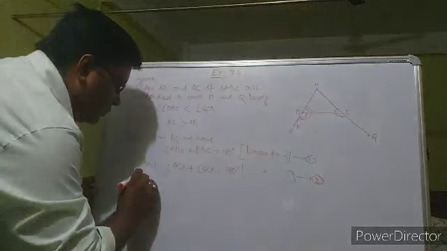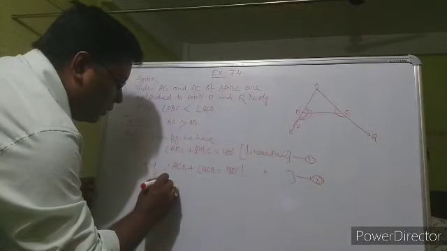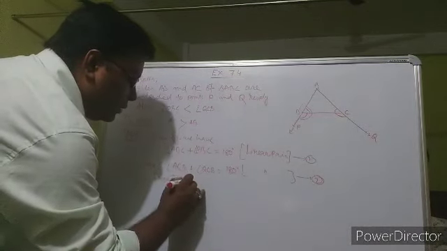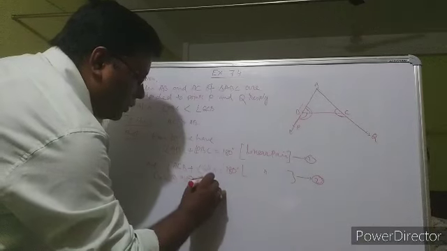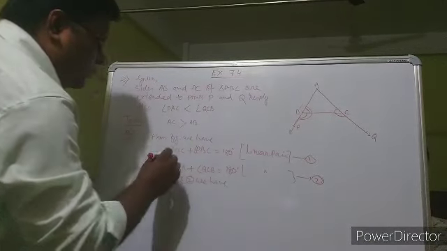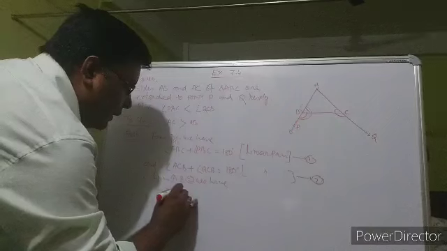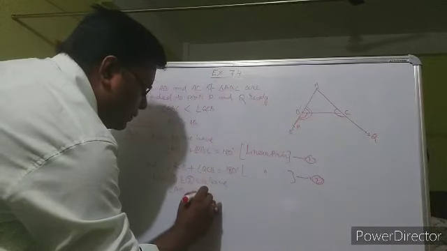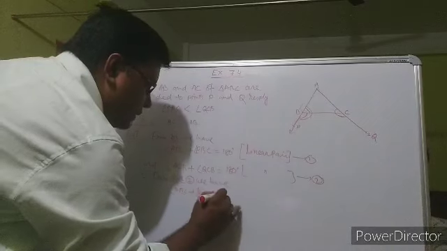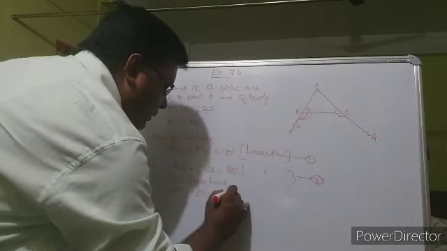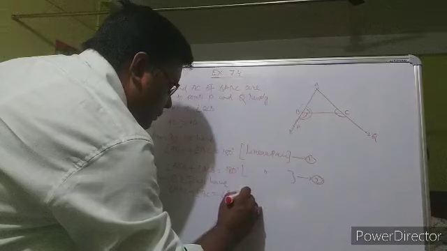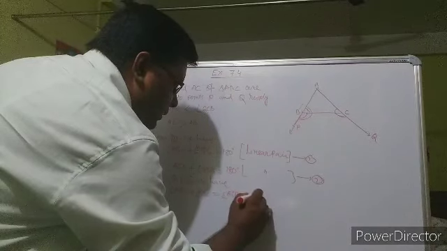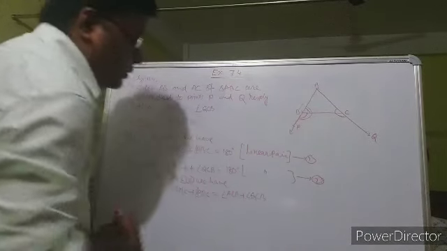Therefore from 1 and 2, we have angle ABC plus PBC is equal to angle ACB plus angle QCB.